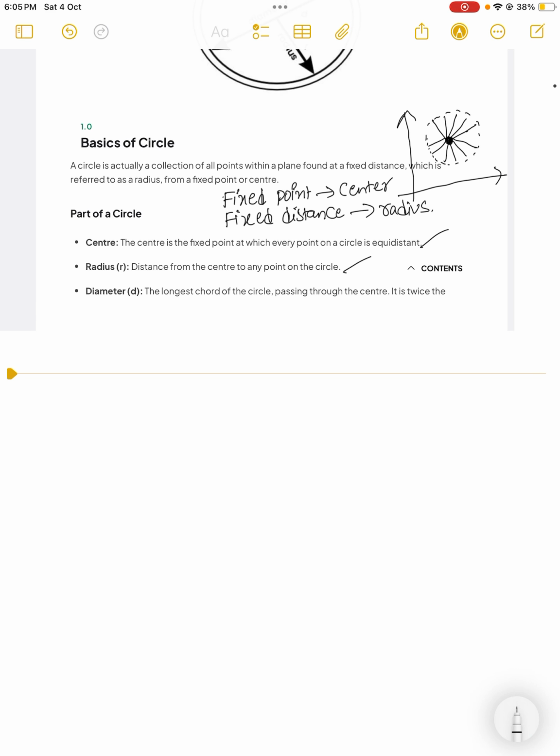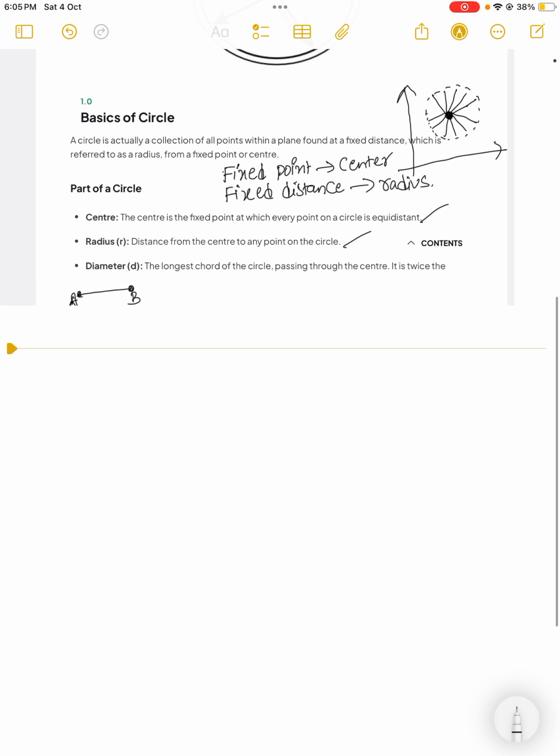Here we observe chord. What is the meaning of chord? A chord is the line joining two points on the circle. For example, this is the point A, this is the point B. Joining these two points is called a chord.